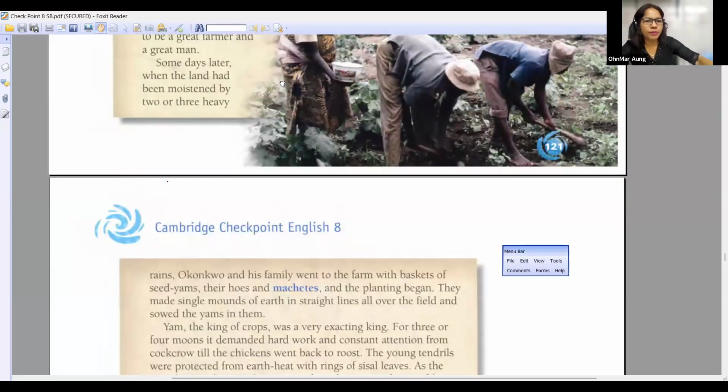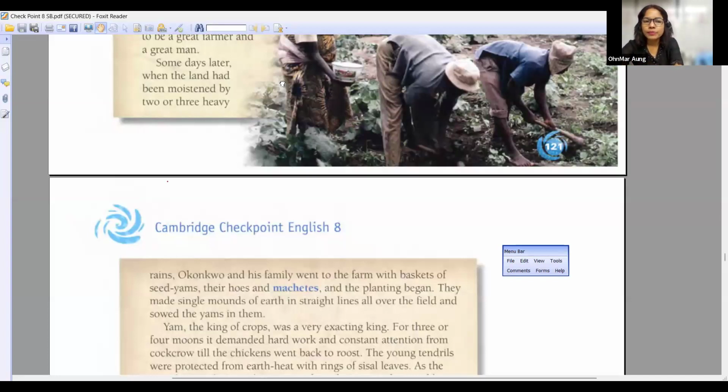Some days later, when the land had been moistened by two or three heavy rains, the soil becomes a bit wet, moistened because of the rain. Okonkwo and his family went to the farm with baskets of seed yams.